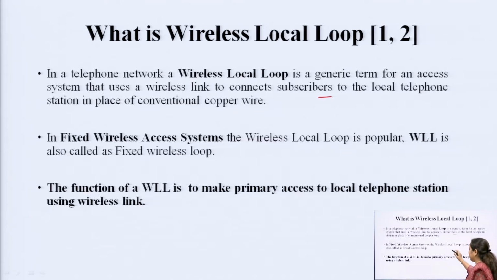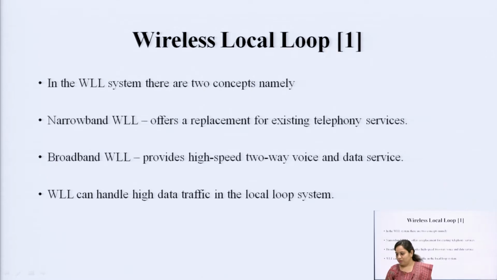In a fixed wireless access system, the wireless local loop is popular. WLL is also called fixed wireless loop. The function of a WLL is to make primary access to the local telephone station using a wireless link. So, that is the main aim of using this wireless local loop. In the WLL system, there are two components that are used.